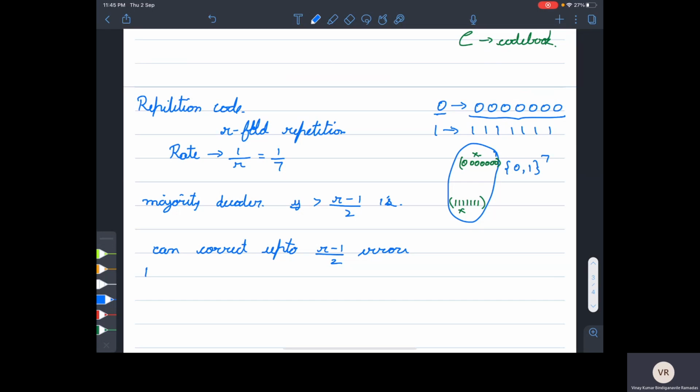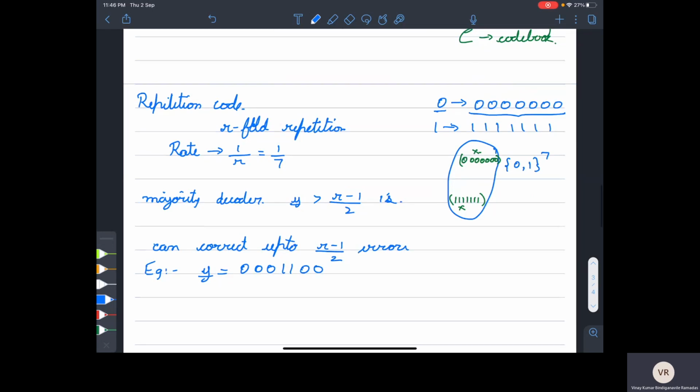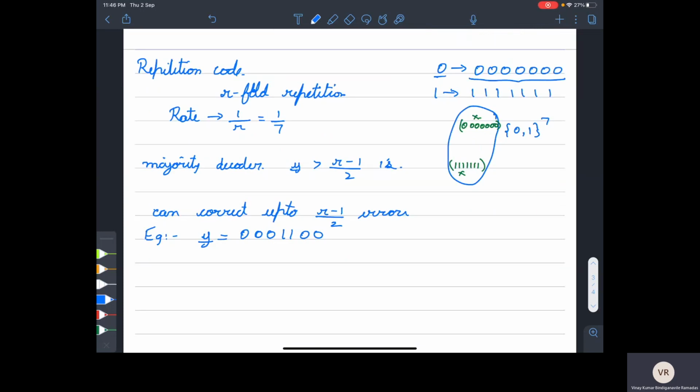For example, if your received vector y is this vector, since it's a majority decoder, it will see the number of zeros.